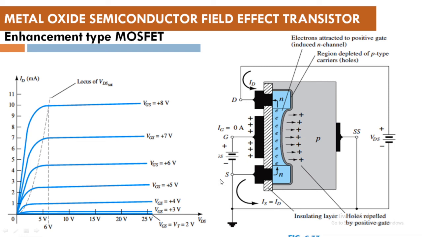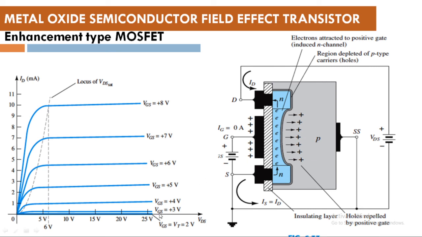In enhancement type MOSFET, as you can see in the characteristic curve on the left-hand side, there is a potential Vt given, which is 2 volts. So Vt is the minimum threshold voltage that you will have to provide.